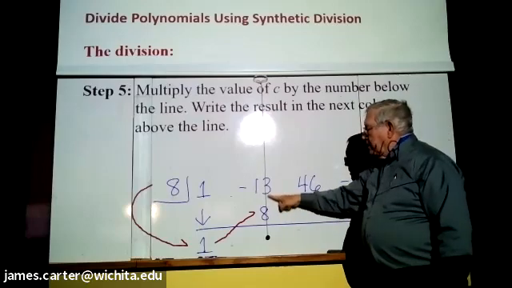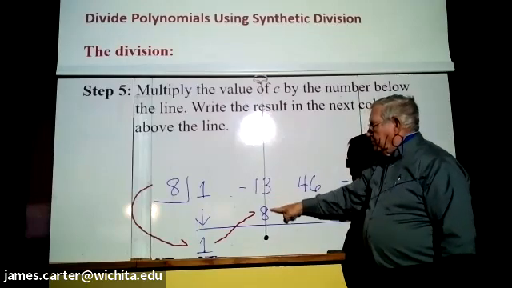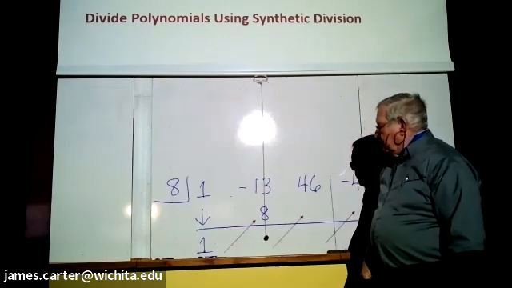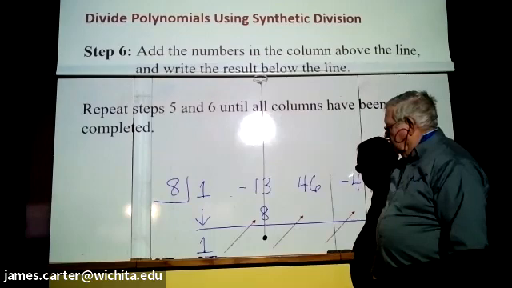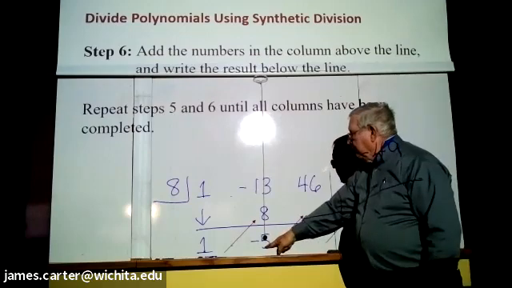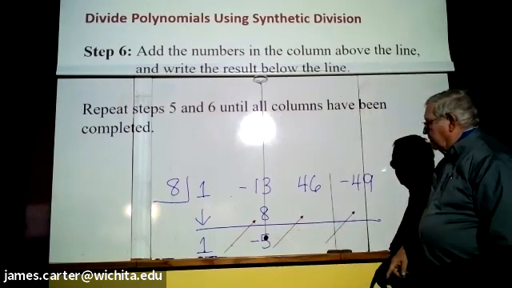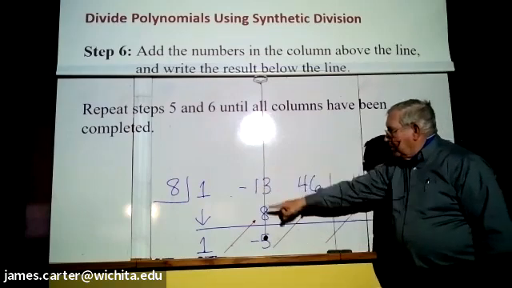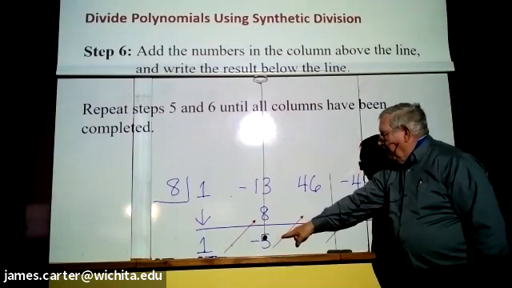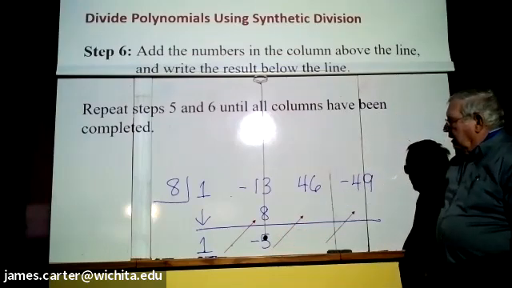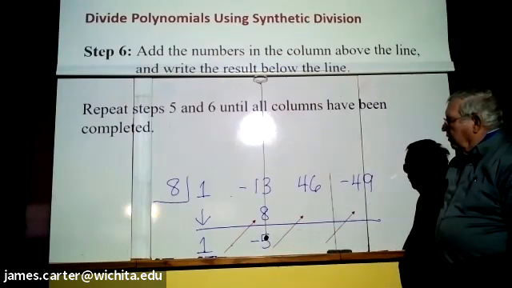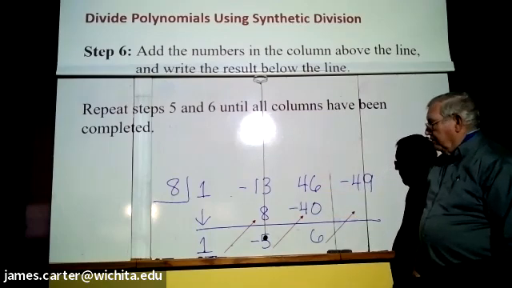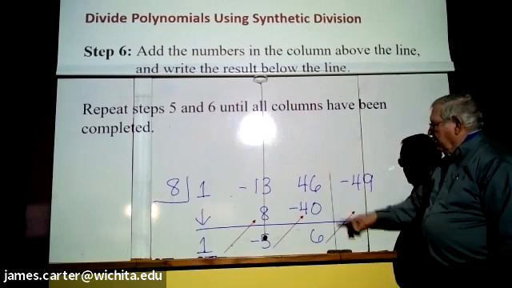Now we're going to add these two instead of subtract. So negative 13 and positive 8 gives you a negative 5. Then we're going to take the 8 times the negative 5. 5 times 8 is 40.